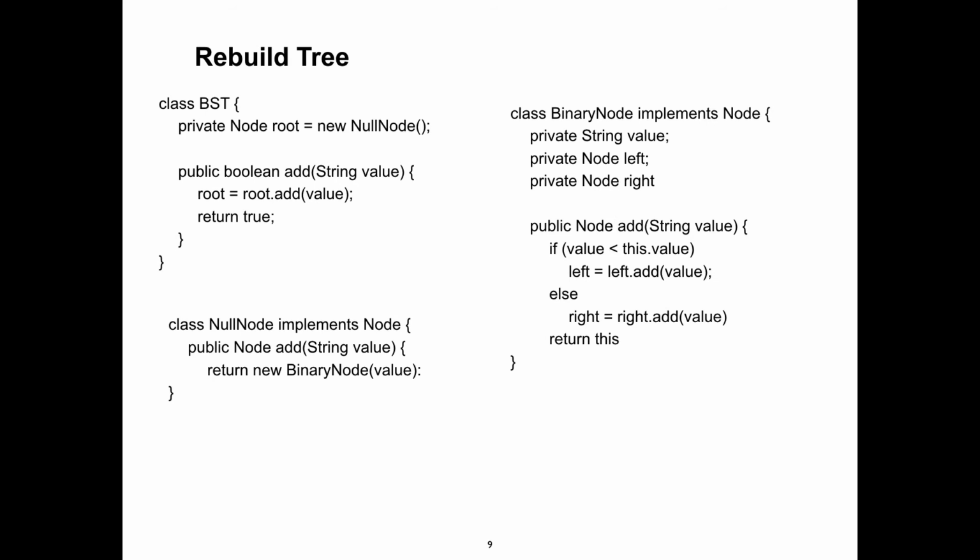And then the binary node has to go left or right, right? So we don't need to check for null. In this case, we just go down the tree and each node does the right thing.